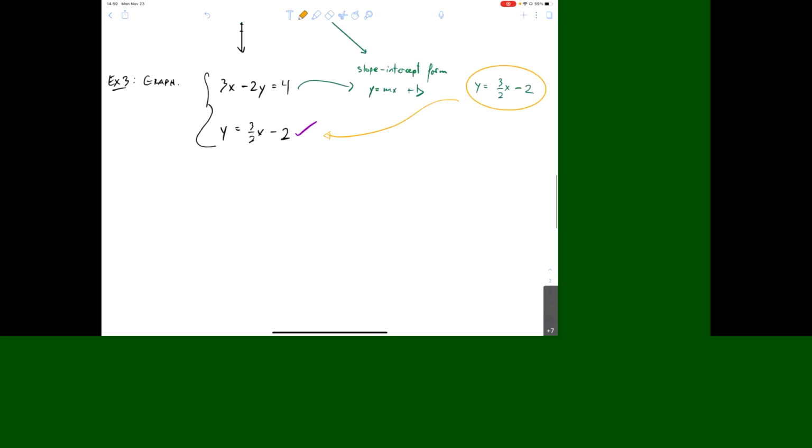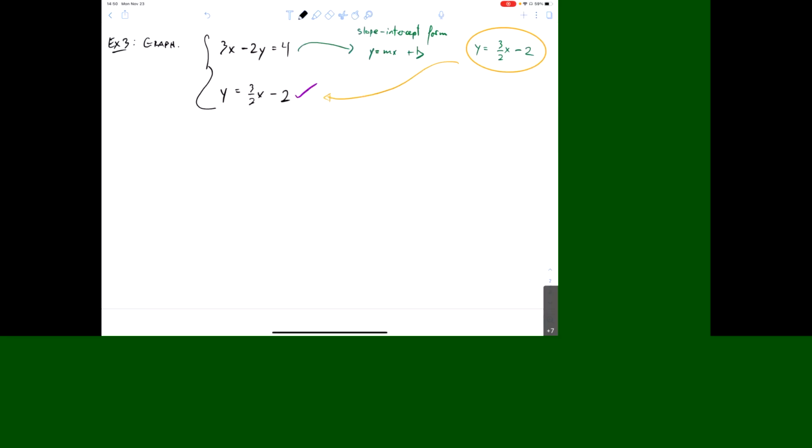So this is an example where, here's your hint: graphing wise, infinitely many solutions occur when we have the same line.